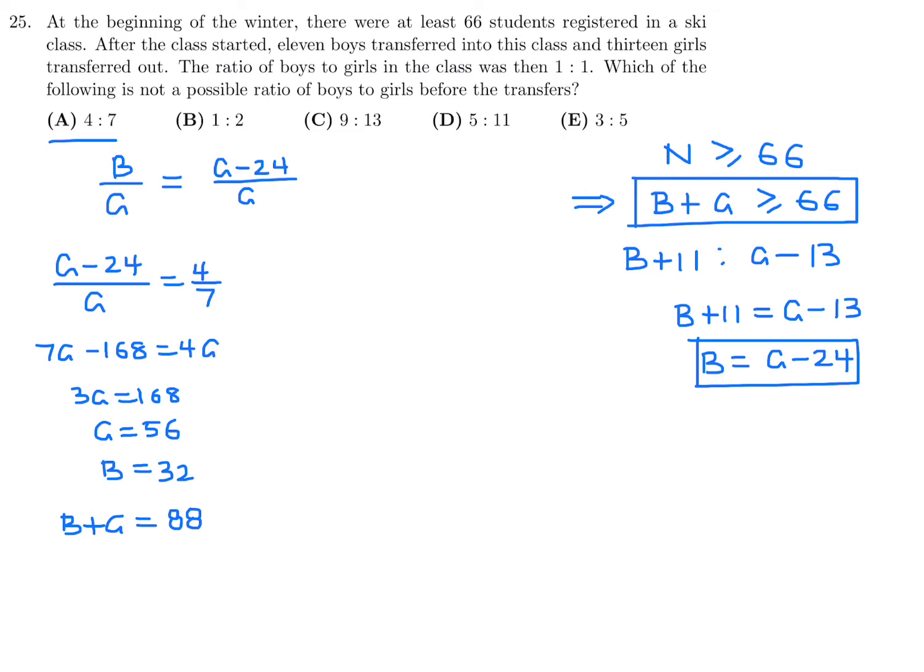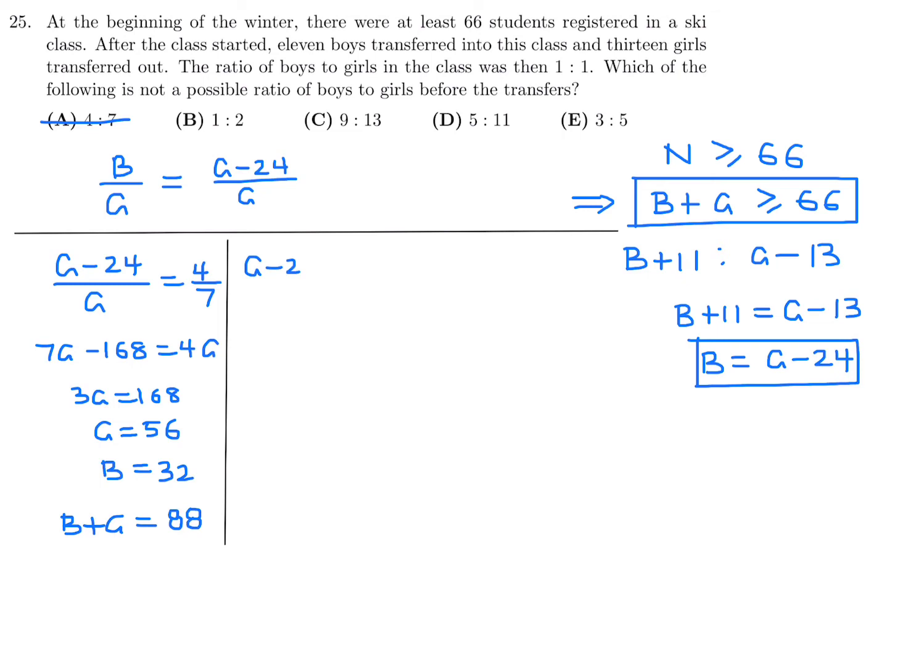So this is obviously not the correct answer, because we want to find out something that does not work. That does work, we cross it off. Okay, so that's basically what we're going to do with all the answer choices. So here we go. Next answer choice is 1 over 2. So same thing, G minus 24 over G is 1 over 2. That means 2G minus 48 is G, and therefore G is 48.